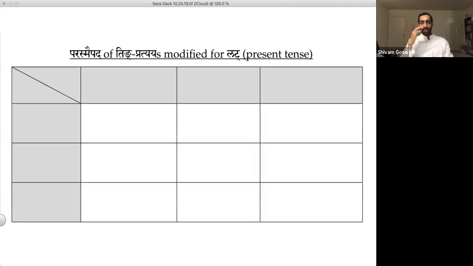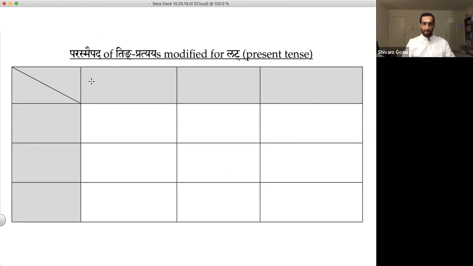We were looking at the ting pratyayas for present tense. So you can open your workbook. This is workbook page 12. At the top of the page, you will see this chart. Now, we did some of this chart last time, but we'll continue with this chart. Okay, so as a reminder, we have vachanam, and we have purusha.